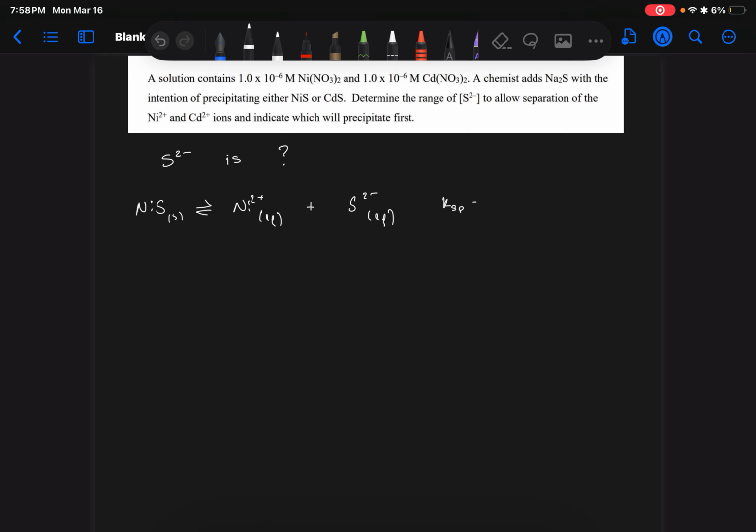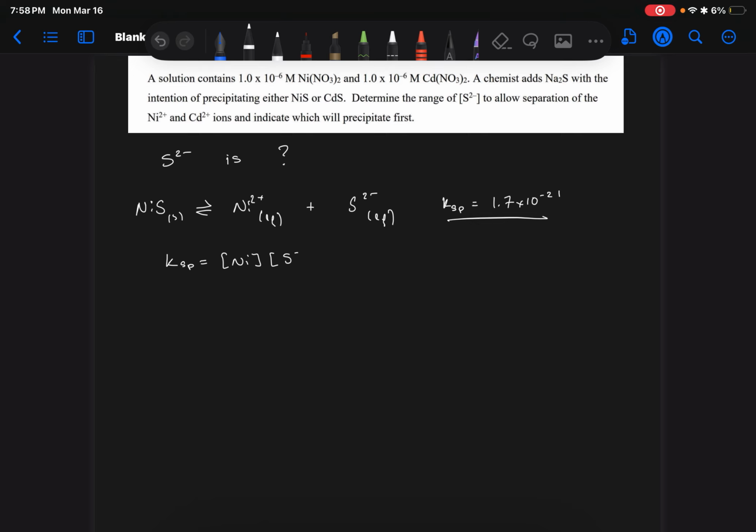So Ksp based on my data sheet is 1.7 times 10 to the negative 21. That's the Ksp of nickel sulfide. And Ksp is going to be equal to the concentration of nickel multiplied by the concentration of sulfide ion.